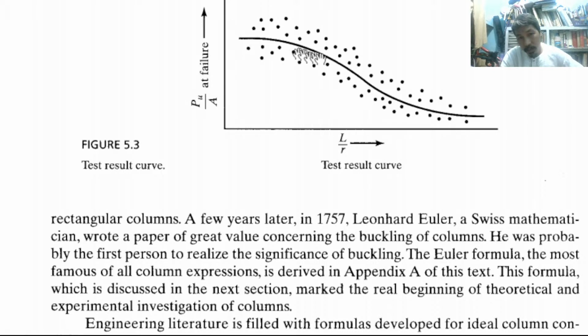This is the curve of the mathematical equation that represents all these dots. That's why it is not precise, not too accurate, but the precision is already very good, as you can see.